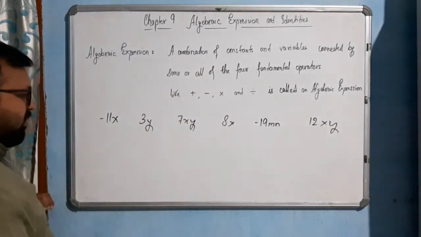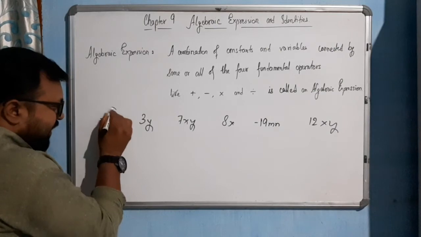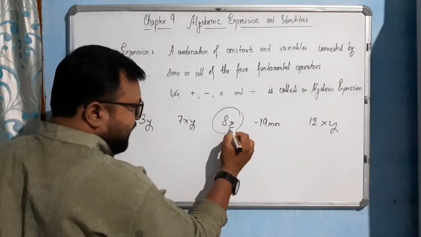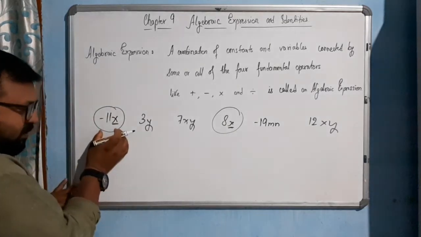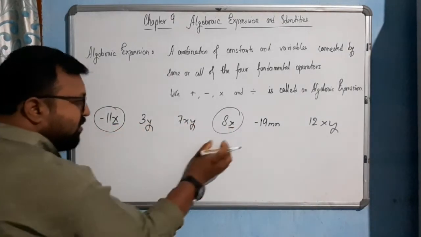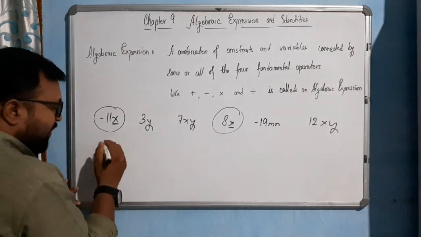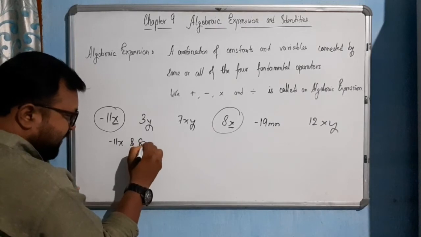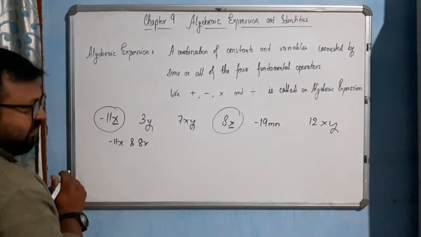Here this term has x, and this term also has x. Whenever terms have the same type of variable, those are known as like terms. So minus 11x and 8x are like terms.